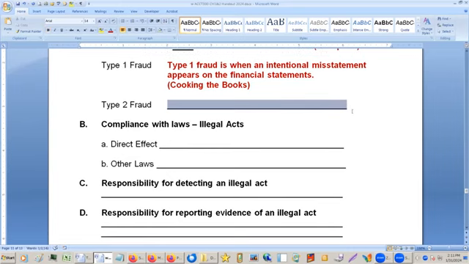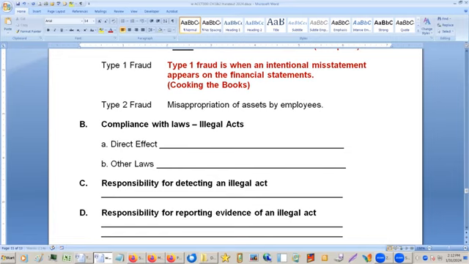Type 2 fraud, the wording of it is kind of funny, is misappropriation of assets by employees.